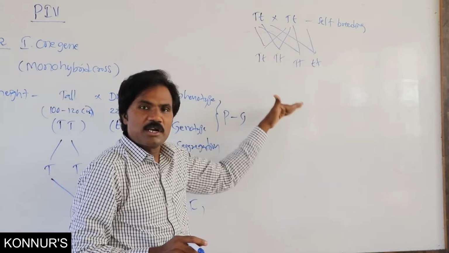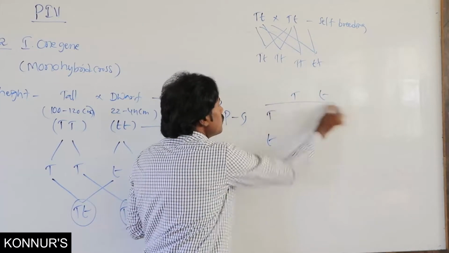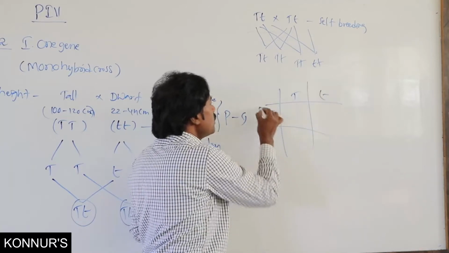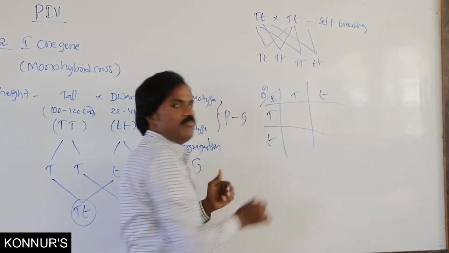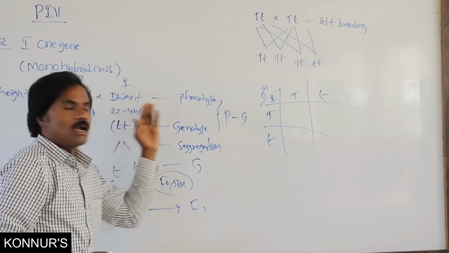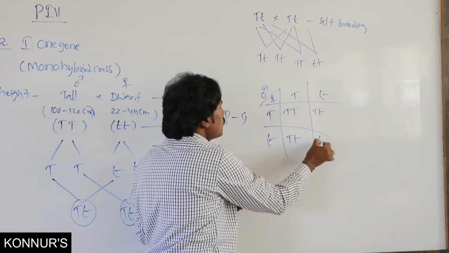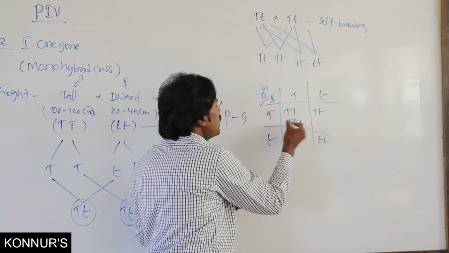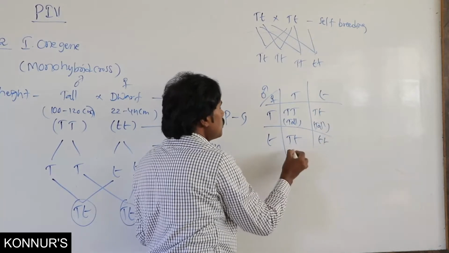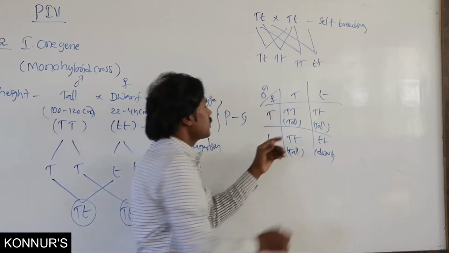For easy understanding, the Punnett square can be observed. Suppose this is male and this is female. This is tall, this is dwarf.